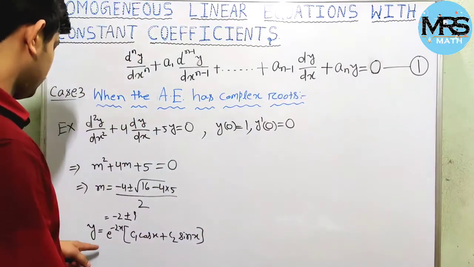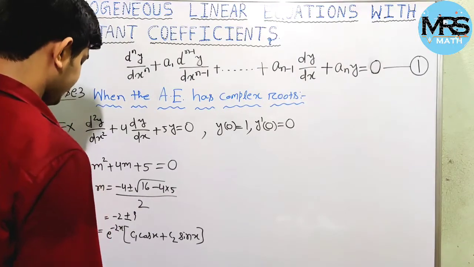Now the condition as given, that is initial condition, y of 0 is 1, y dash of 0 is equal to 0. So obviously we have to find what is y dash in this case.